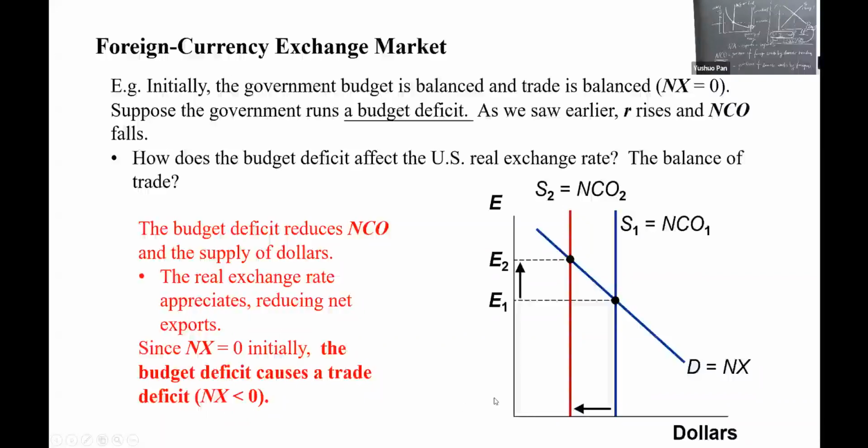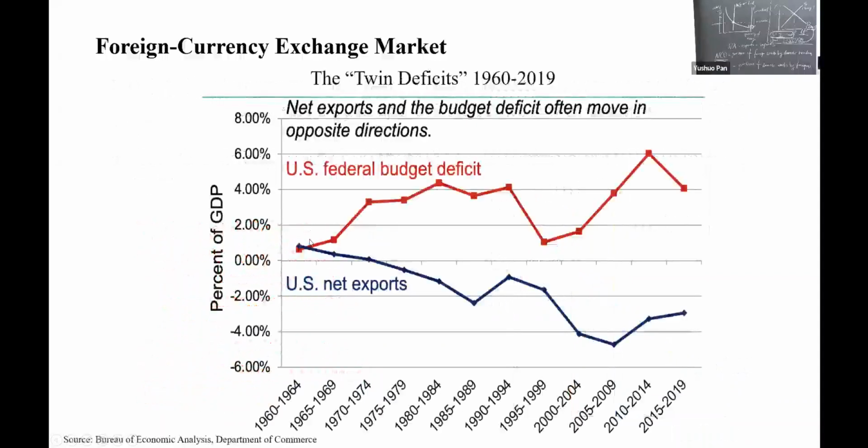NX smaller than 0. So we can see from this diagram the twin deficits from 1960 to 2019, the relationship between the US federal deficit and the US net export. From the last example question, we know that if the budget deficit increases, that will decrease the net export.